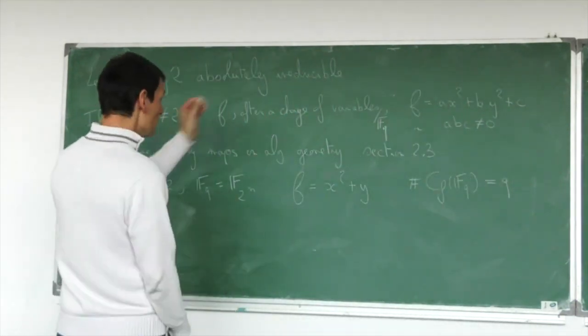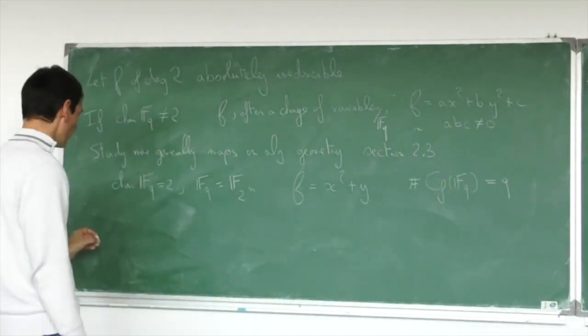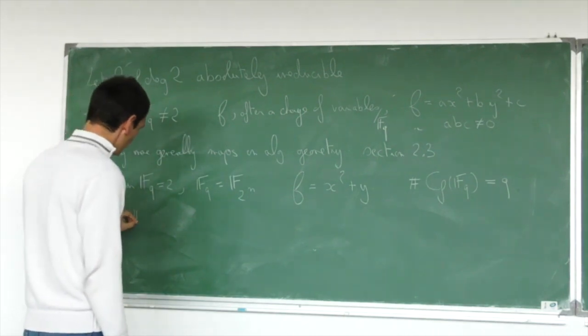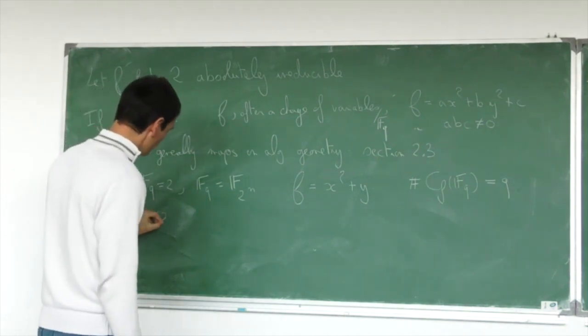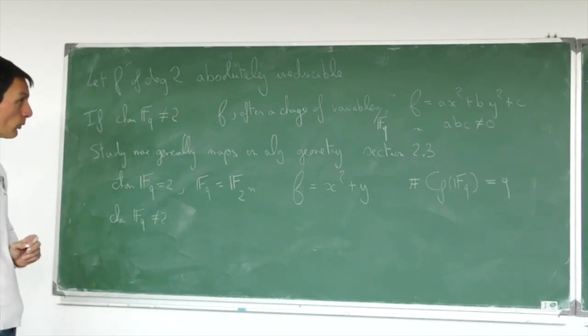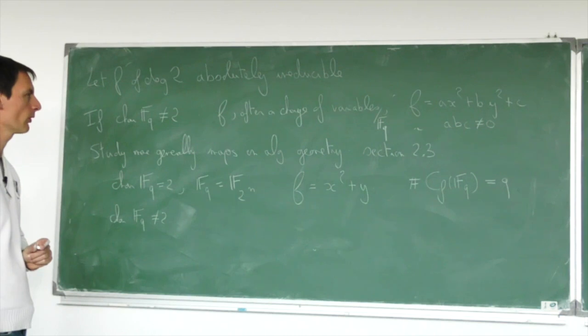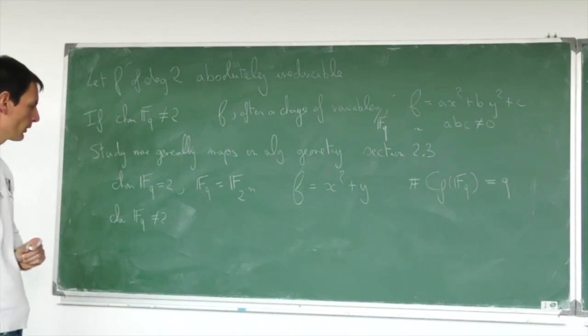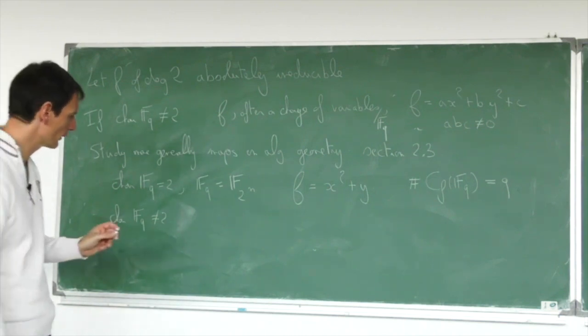Okay, but maybe the first one. So characteristic of FQ different from 2. The first thing to look at is to prove that there is one rational point on CF. How do we do this? I mean, this is a quite nice trick.